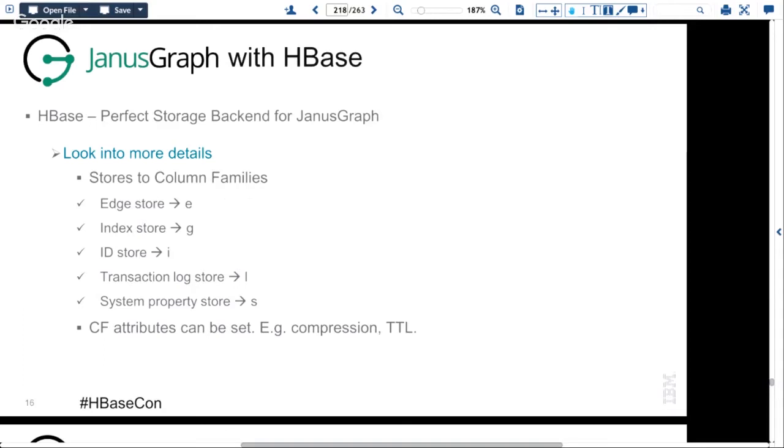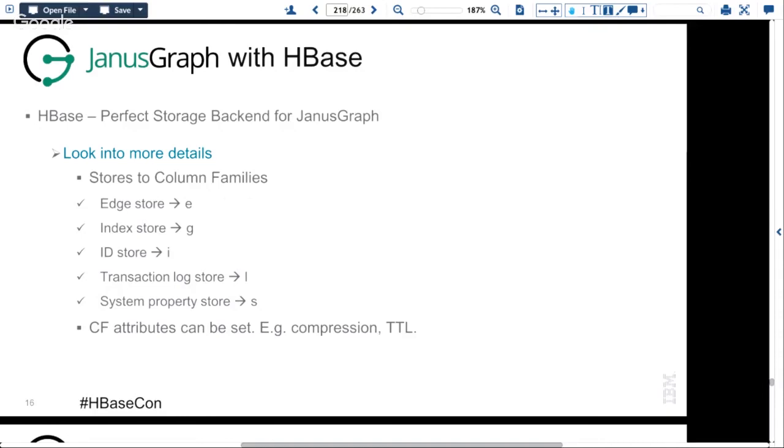The data is stored in column families in HBase. You have the edge store, the ID store, the transaction log store, and the system property stores. And you can set the column family attributes, for example, compression and TTL.